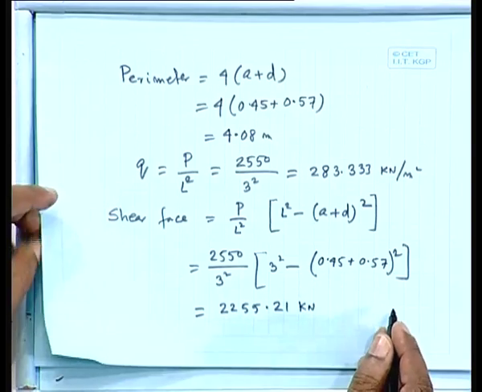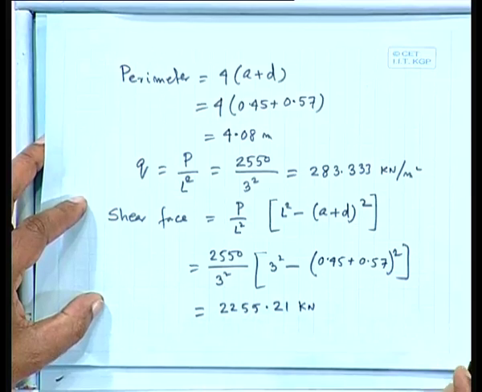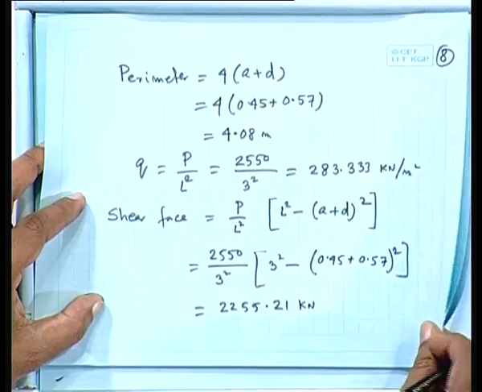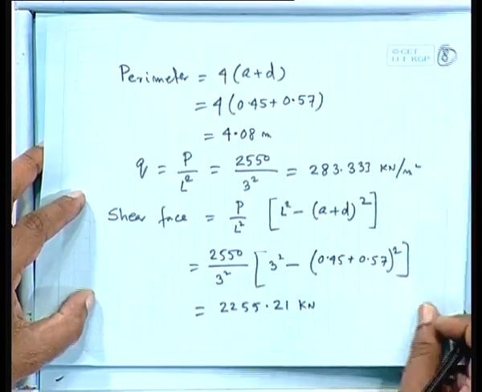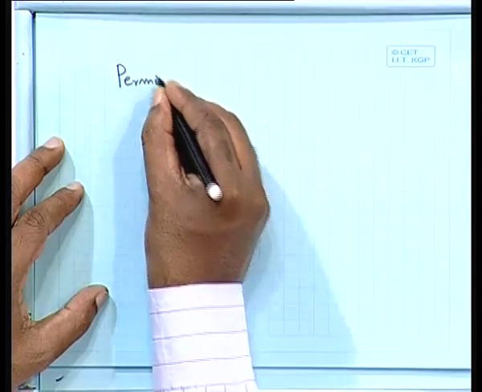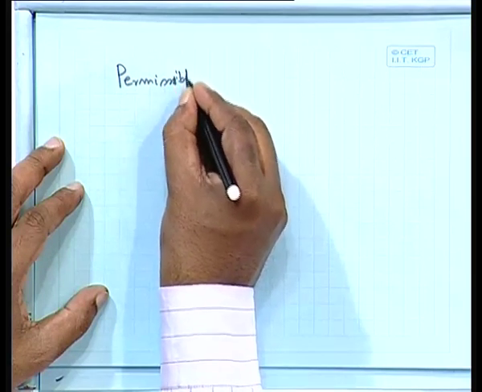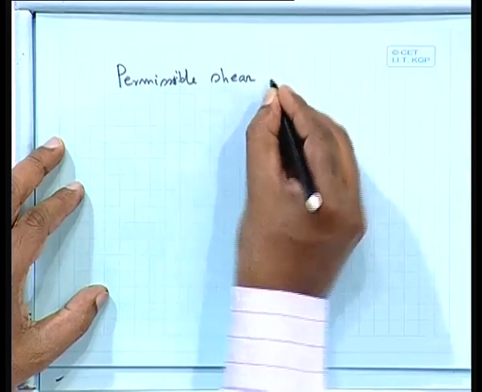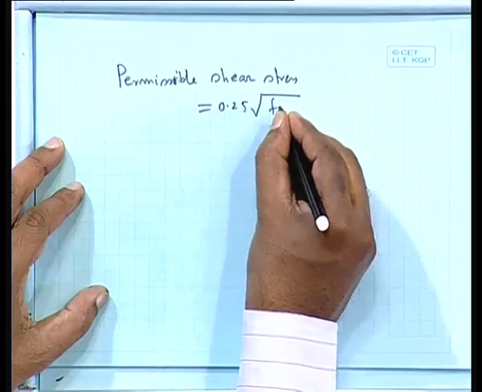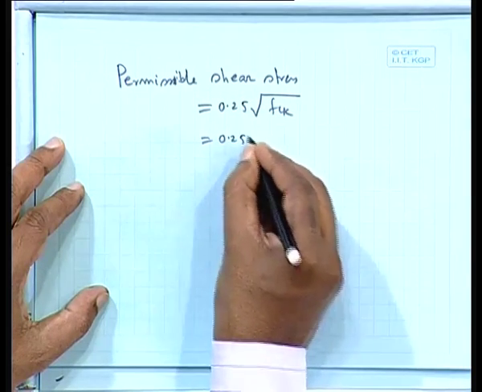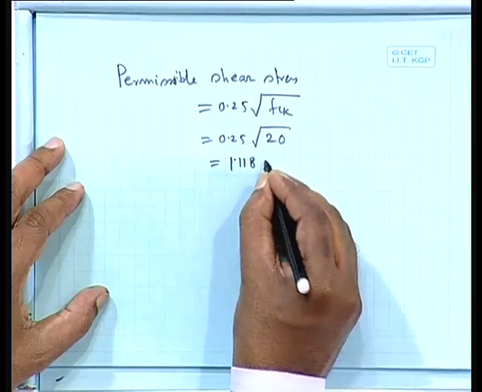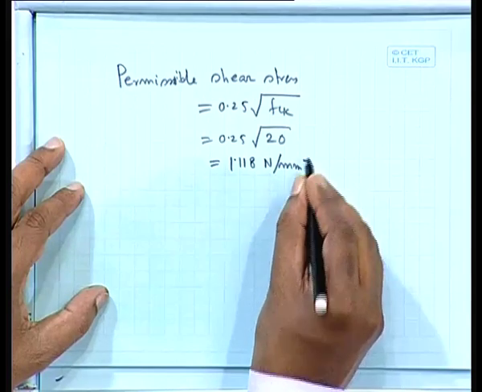What about the permissible shear stress? Permissible shear stress is 0.25 root fck equal to 0.5 root over 20, equal to 1.118 Newton per square millimeter.